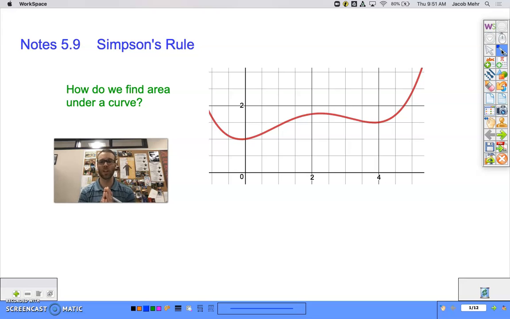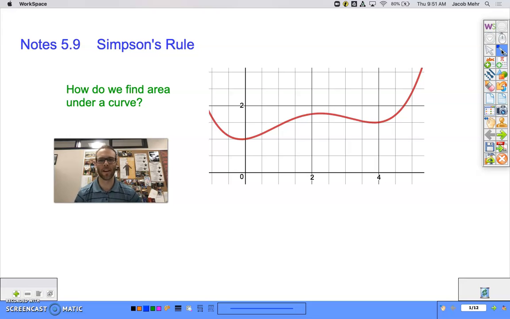So shapes, polygons that have line segments for sides. Could we use something that doesn't have line segments to approximate a curve? And I recall a certain student whose initials are IH said, what if we used a parabola?